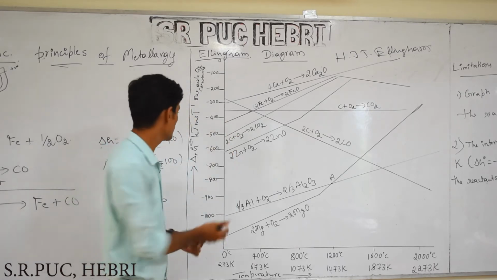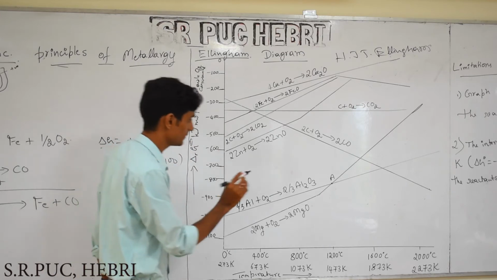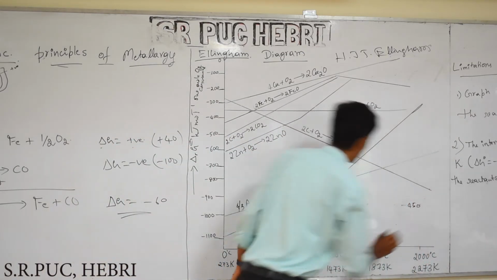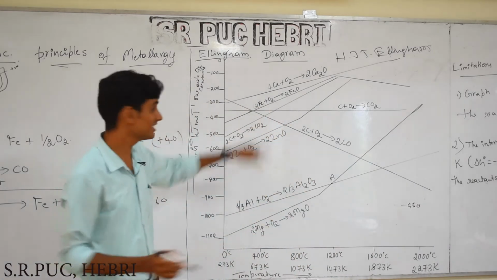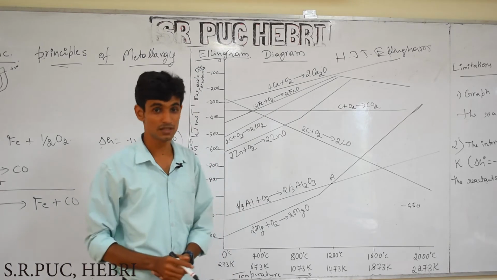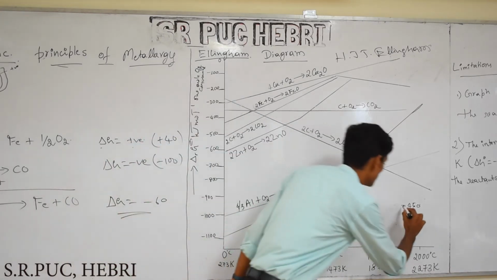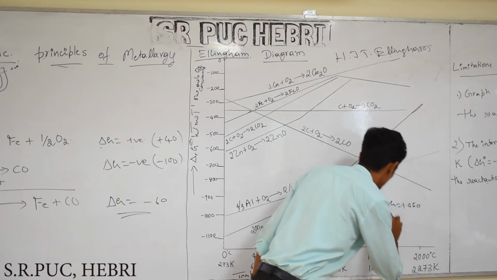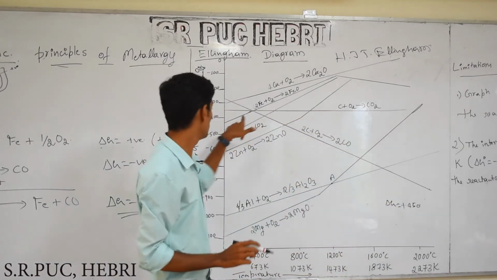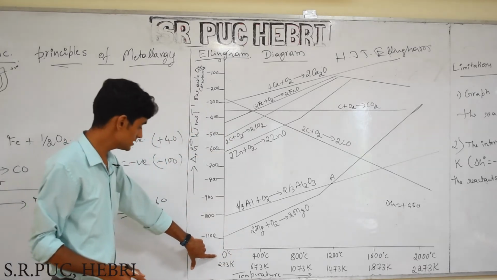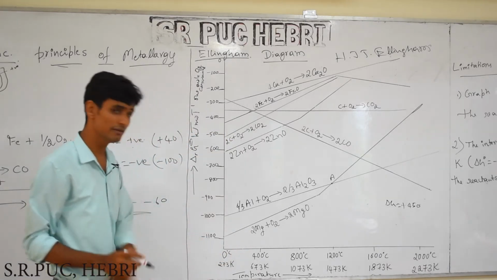I'll write here minus 450. But what we need is the reduction of iron oxide. Then what do we have to do? This will become plus 450. This is at 0 degree Celsius or 273 Kelvin.